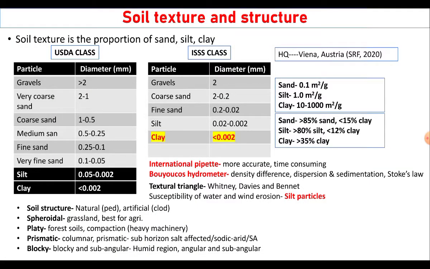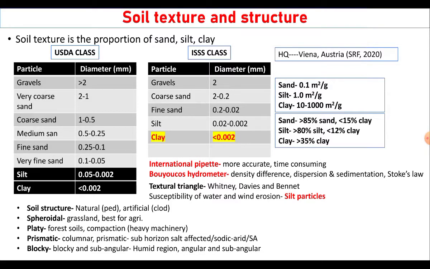Okay, so you must be aware of different physical properties of soil like soil texture, soil structure, soil color, soil temperature, soil aeration and all. For studying the soil water relationship in depth, we must be aware of the soil physical properties. The two most important soil physical properties are soil texture and soil structure.